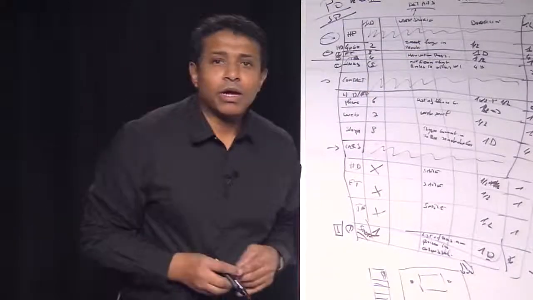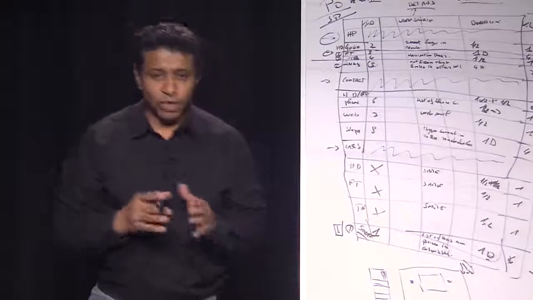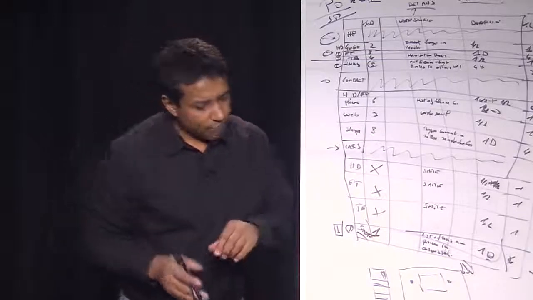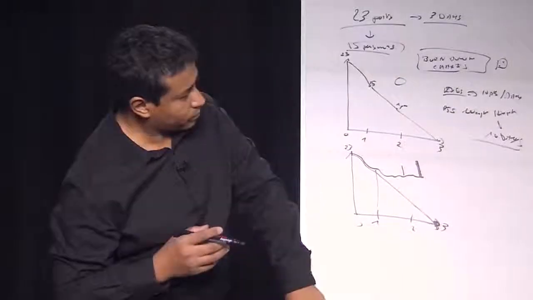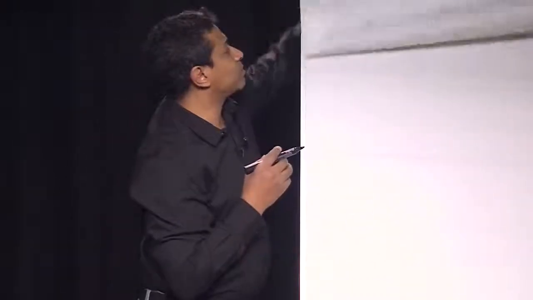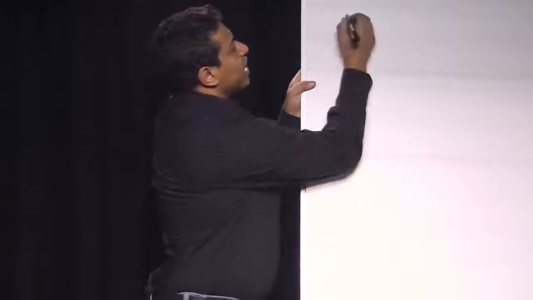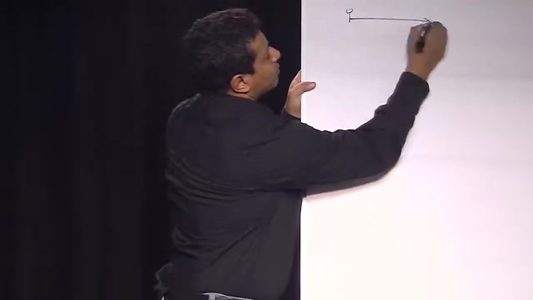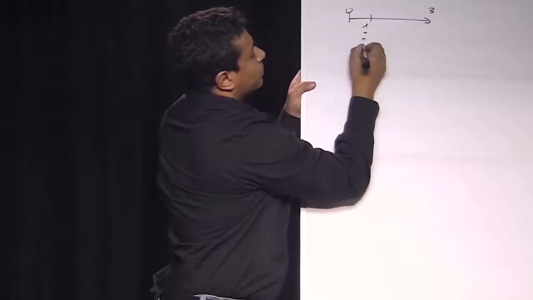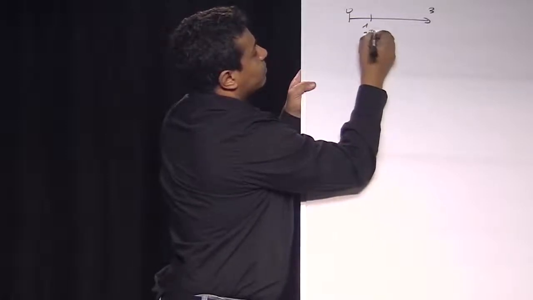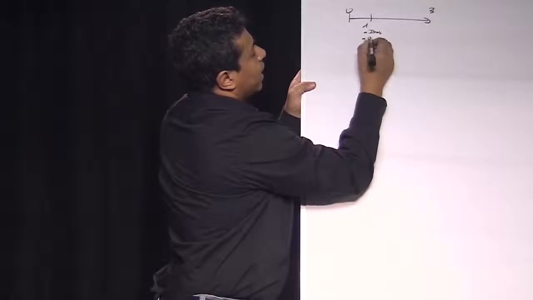So, how are we going to make this? For the product owner, it's simple. His timeline is this one. Day 1, items, and review.